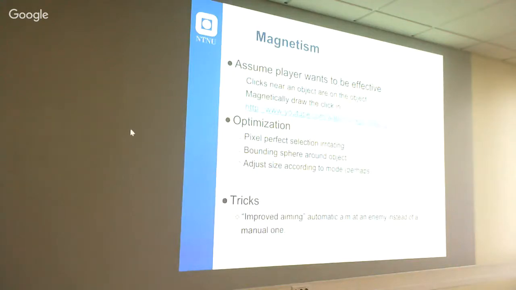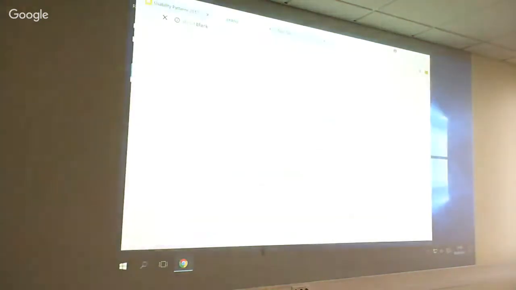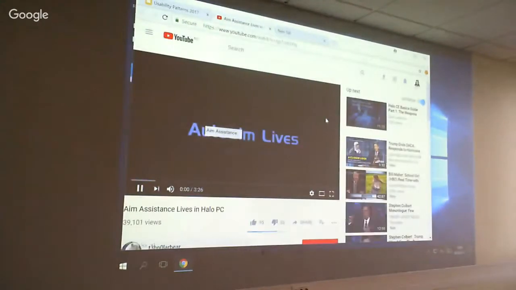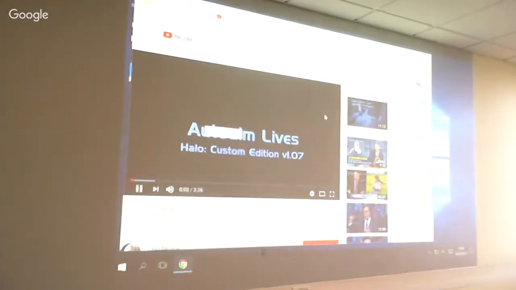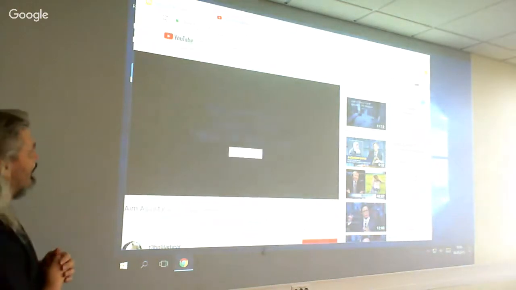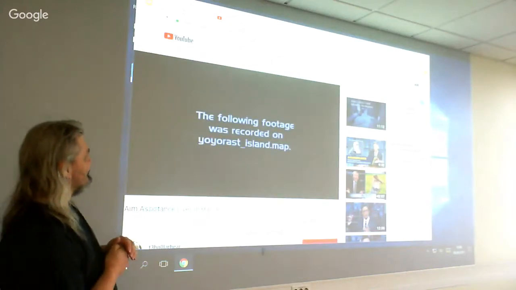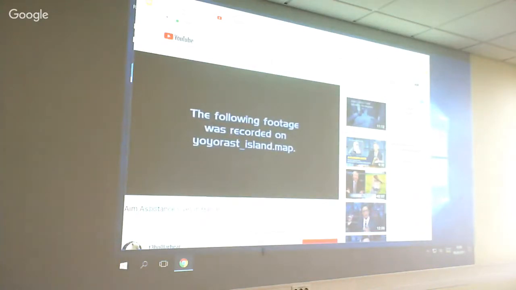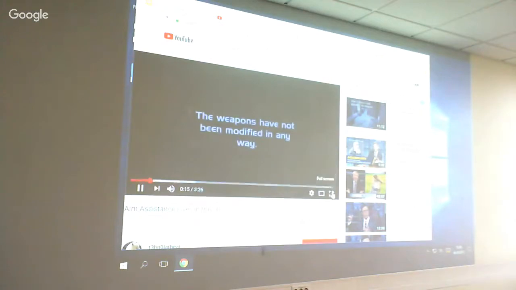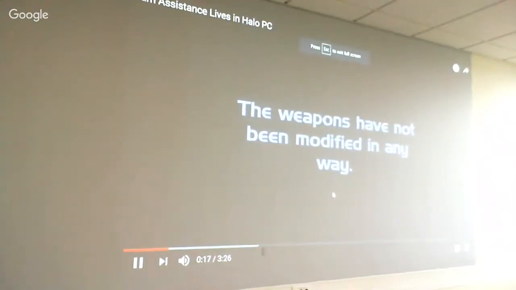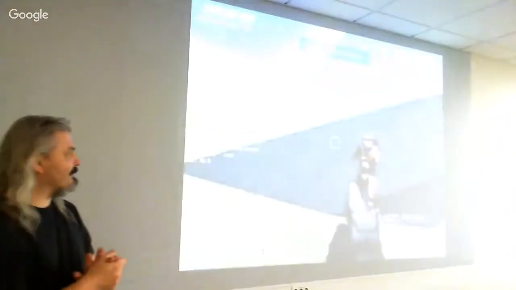So this particular magnetism video, hopefully it's still loaded. This was in Halo, and Halo on PC had aim assist. So I can maximize the screen to make it easier to see. These are the original weapons on the PC game.